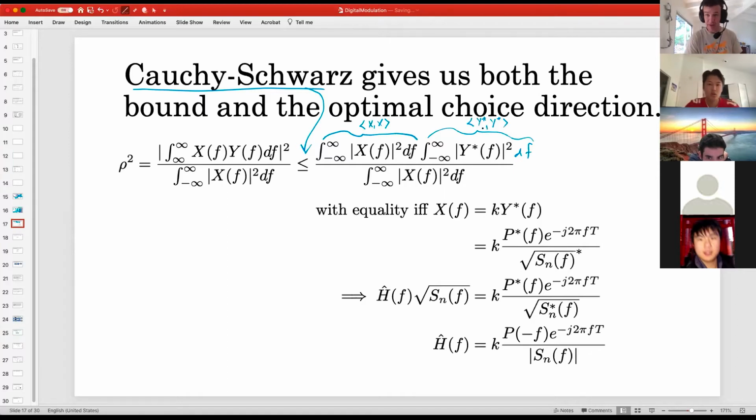And then here's the key. This inequality only becomes an equality if the two functions are quote unquote collinear. Another way to say that is one function is a scalar multiple of the other function. So for any scalar, in our case, it's going to be a real scalar.